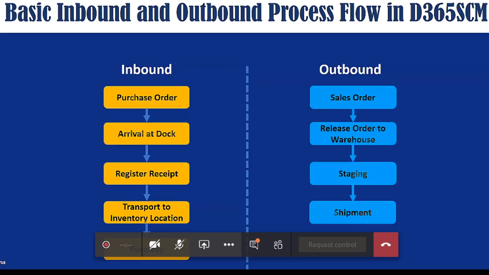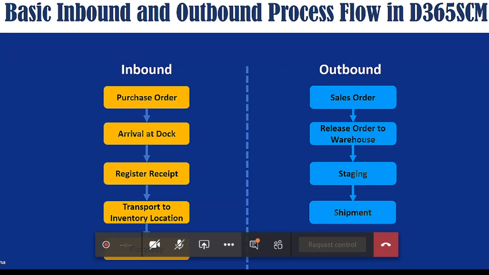And if we go to the outbound process, usually in the system, you will reserve automatically or maybe manually the stock for your particular sales order, and then you will perform the action code release order to warehouse. Once you release to the warehouse, it will generate work, and then you will move ahead with the next steps as well.